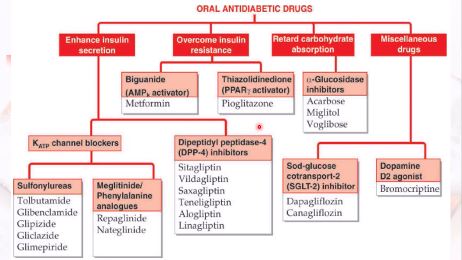Dipeptidyl peptidase 4 is responsible for the proteolysis of incretins. What are incretins? Incretins are hormones that function to decrease blood glucose. An example of an incretin is glucagon-like peptide 1. Another one is glucose-dependent insulinotropic peptide.